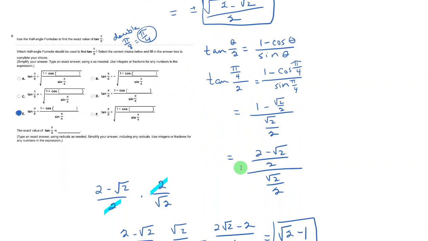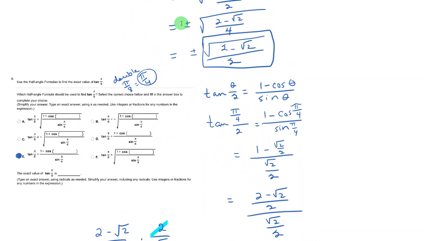All right, now this is a little different because we are in radians. So it says find the exact value of tan pi over 8. Well, if we double that, we get pi over 4. So that's the angle that we're going to use. So down here, we would choose, this looks like the formula, 1 minus cosine theta over sine theta. And then we're doing the cosine of pi over 4.